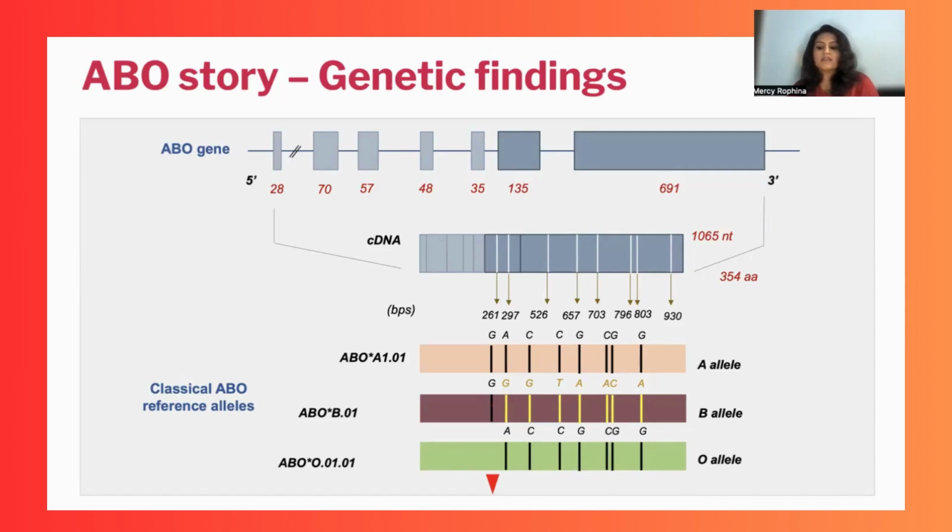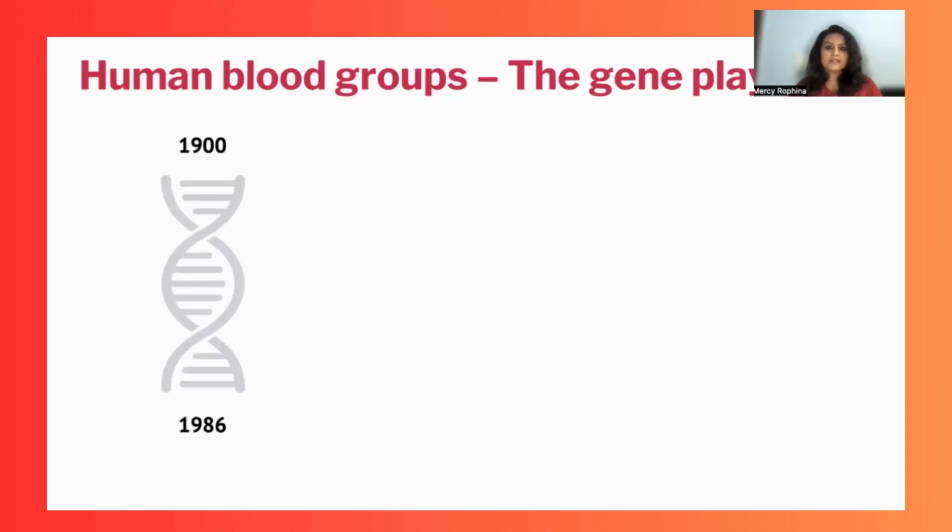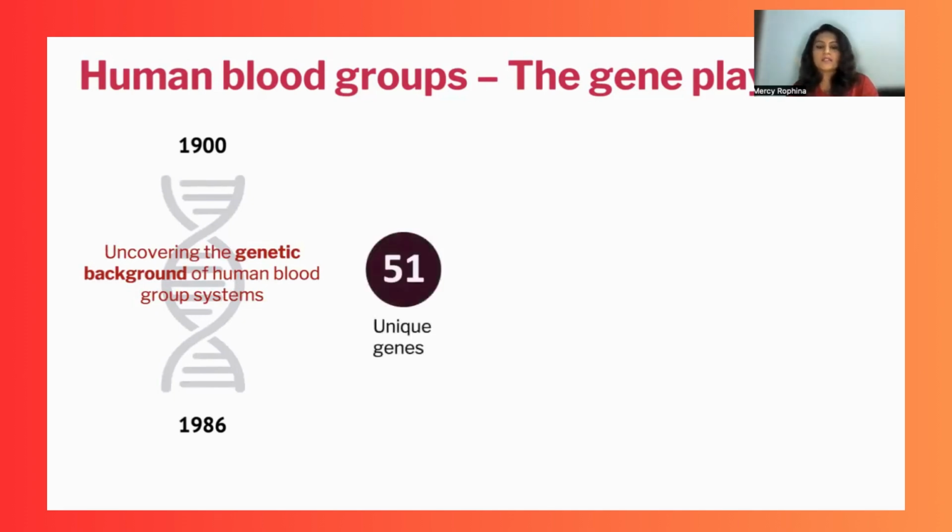So having said that, if we put all of this together into a bigger picture, for more than a decade, during the early 19th century, there were a lot of studies which explored uncovering the genetic background of numerous human blood group systems. And currently, we have a total of 51 unique genes, which we call the human blood group genes.